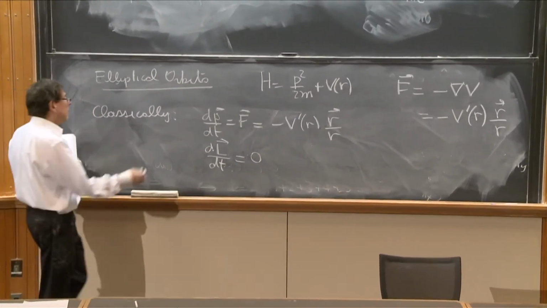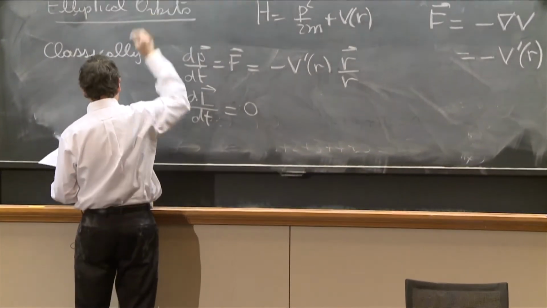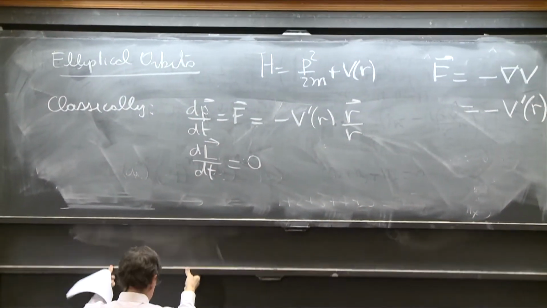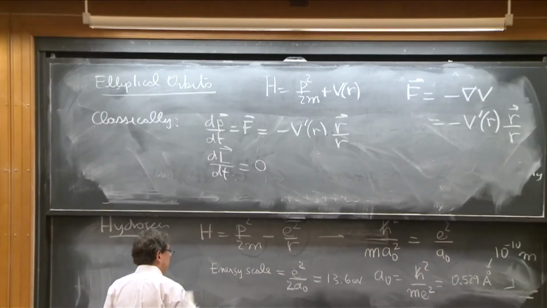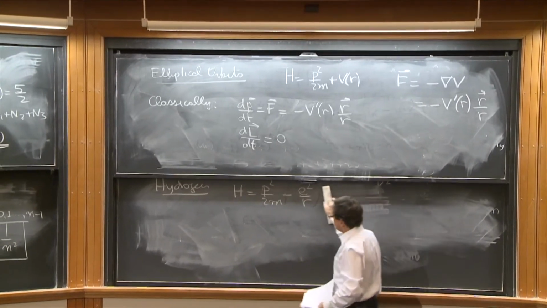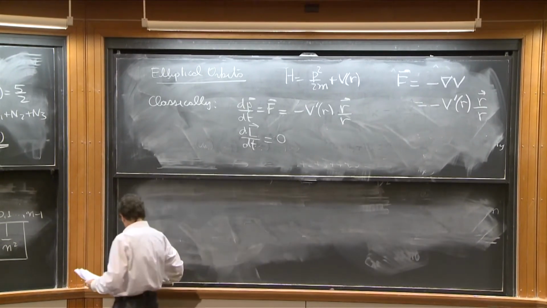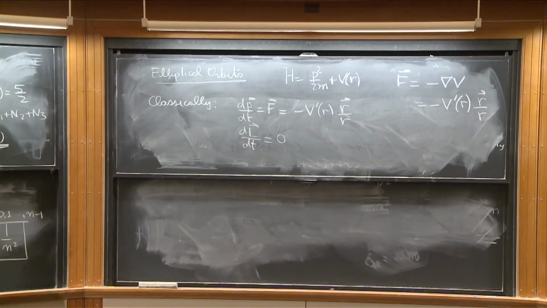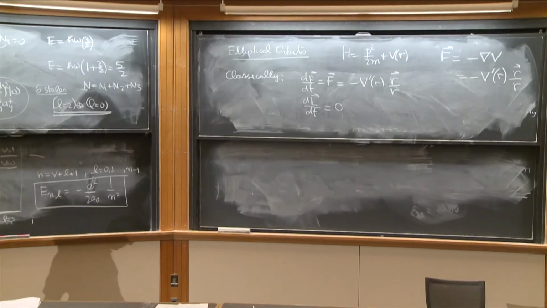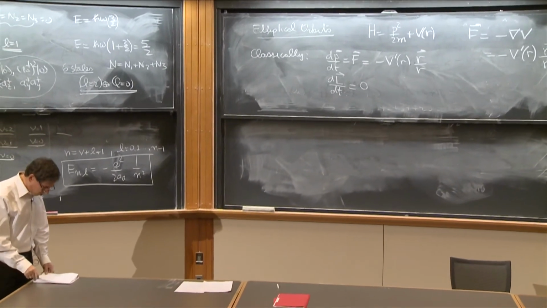Now, the interesting thing that happens is that this doesn't exhaust the kind of things that are, in fact, conserved. There is something more that is conserved, and it's a very surprising quantity. It's so surprising that people have a hard time imagining what it is.